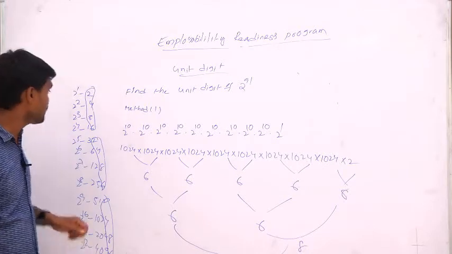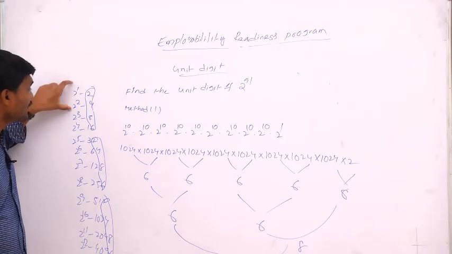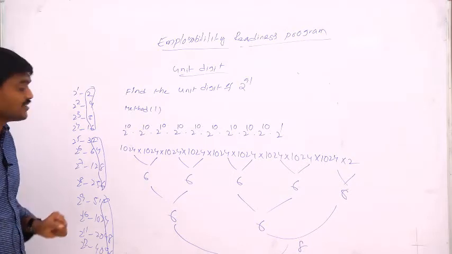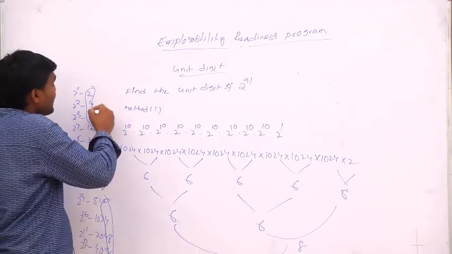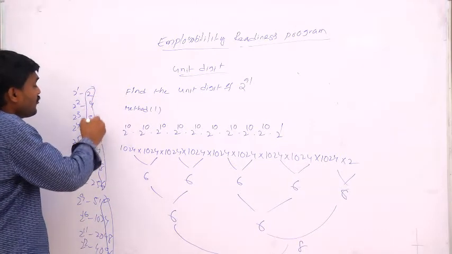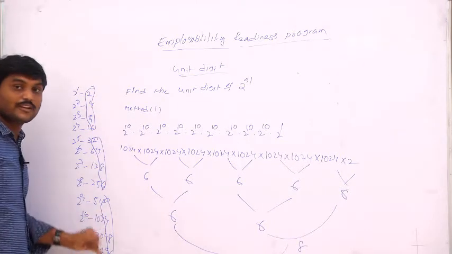So for 2 power any number, the unit digits 2, 4, 8, 6 are repeated cyclically.